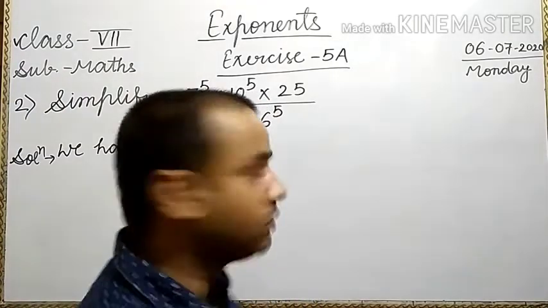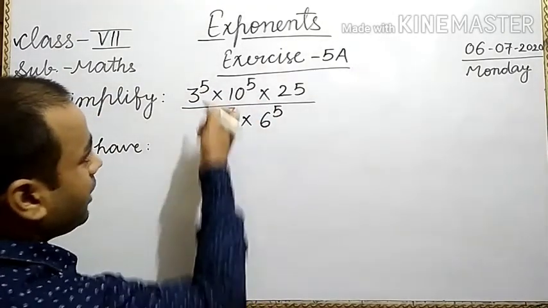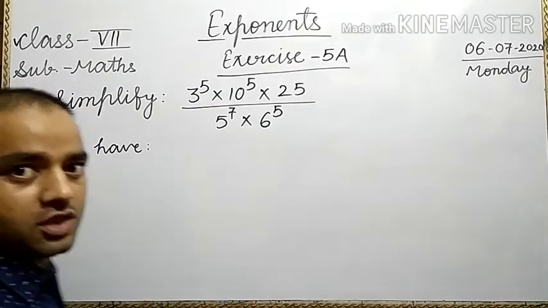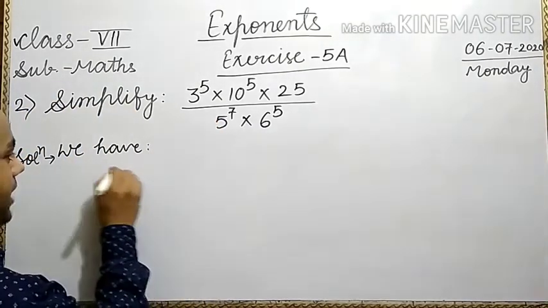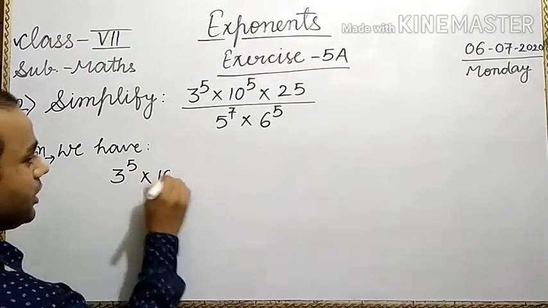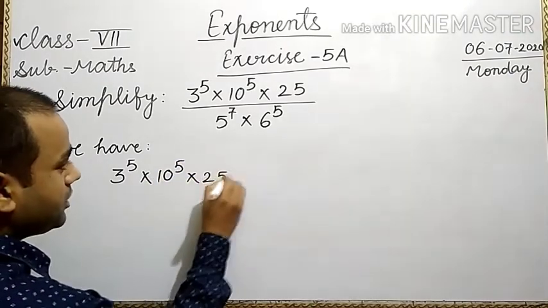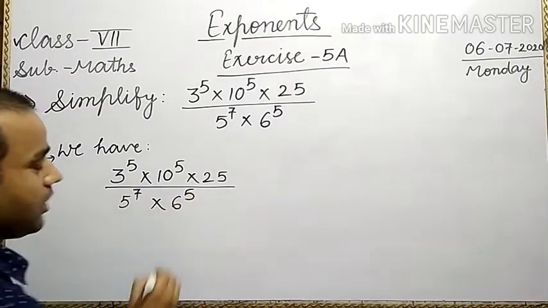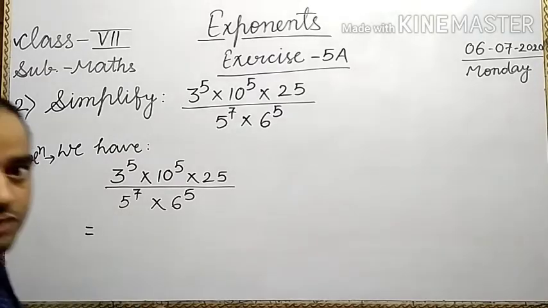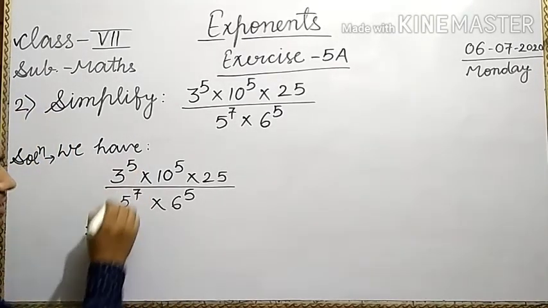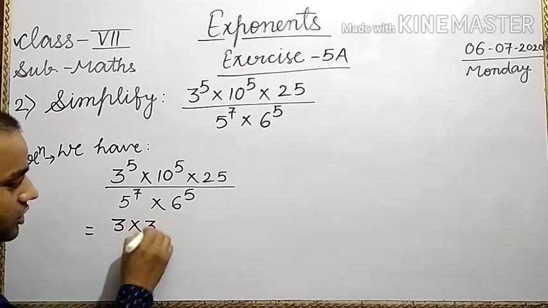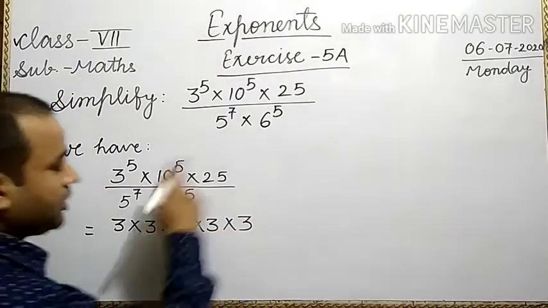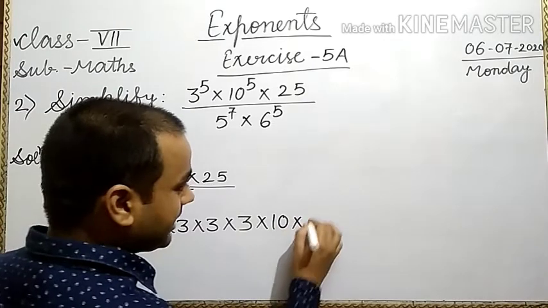Now let us discuss question number 2. In question number 2, simplify 3 power of 5 into 10 power of 5 into 25 upon 5 power of 7 into 6 power of 5. First we rewrite the question. First we remove the power notation. 3 power of 5 means 3 into 3 into 3 into 3 into 3, that is, 3 repeated 5 times. 10 power of 5 means 10 repeated 5 times.